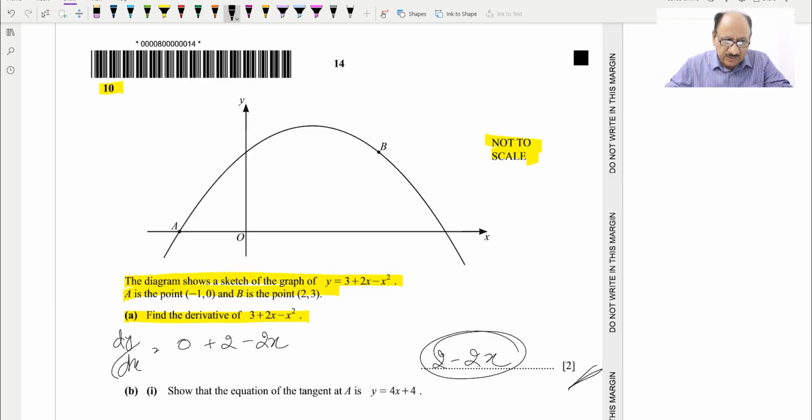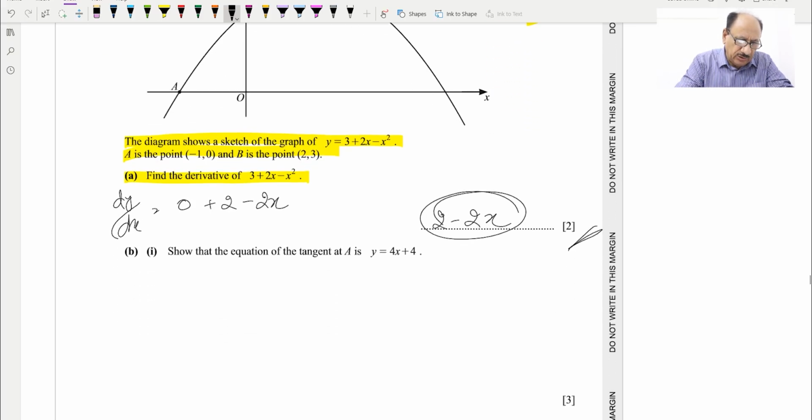This is done. Next they are saying show that the equation of the tangent to A is this one. We need to find that equation. So we will first find the derivative, gradient basically we require.